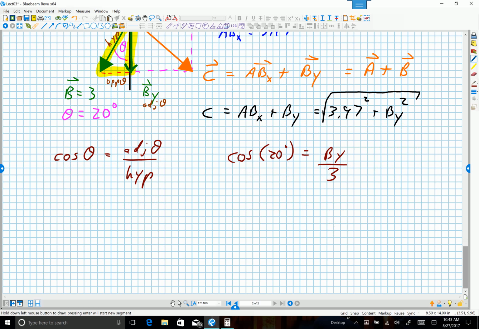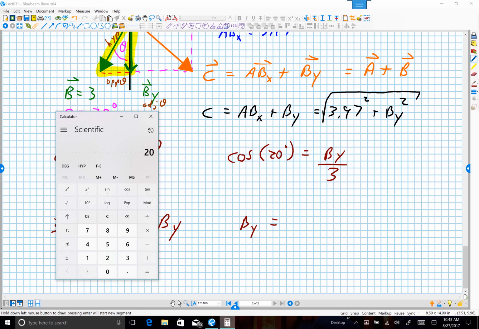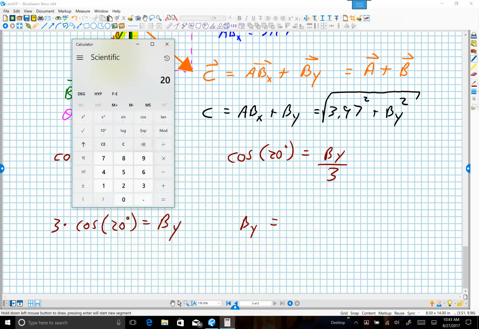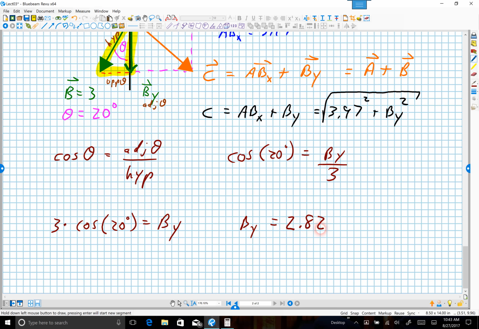And if I do some algebra on that, I get 3 times the cosine of 20 degrees equals BY. So BY equals, let me get my calculator. We've got 20 degrees again. I want to take the cosine of that, times 3. And I get 2.82. Okay, BY is 2.82.